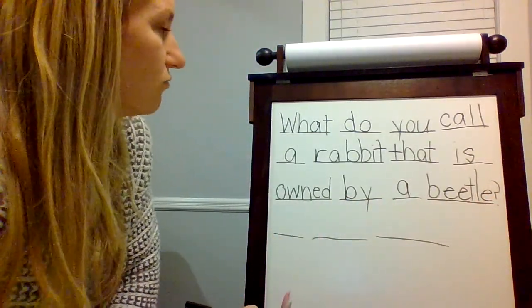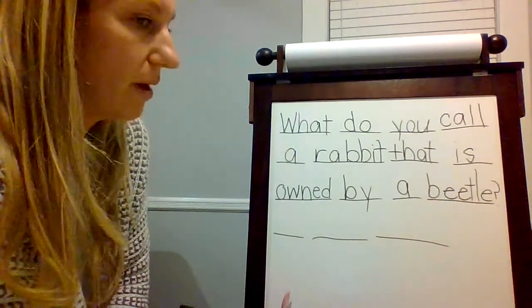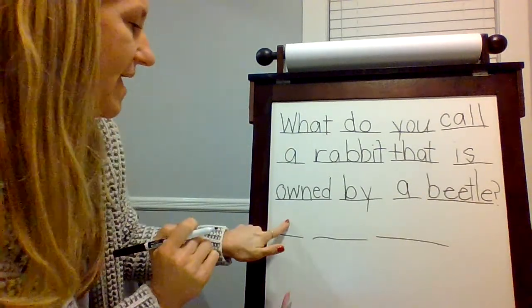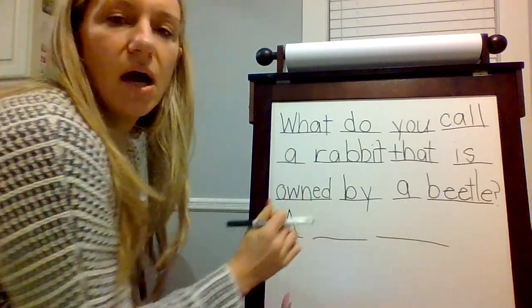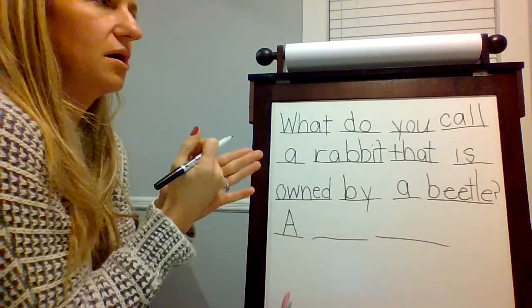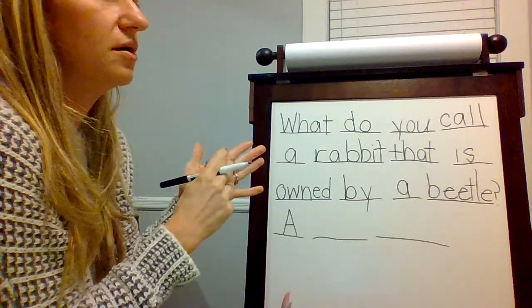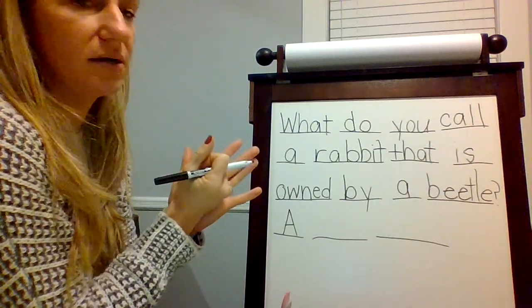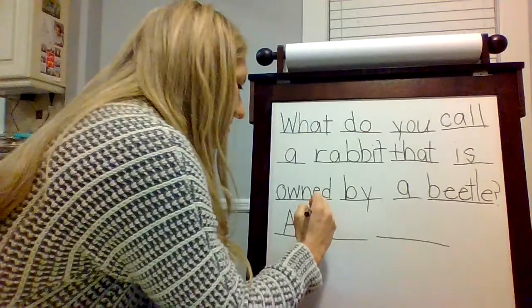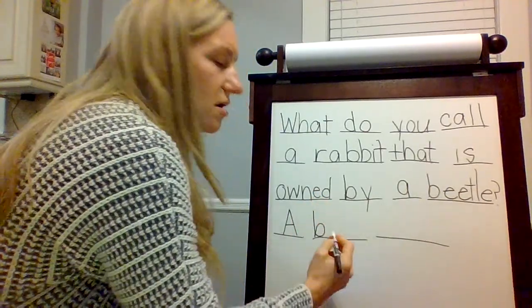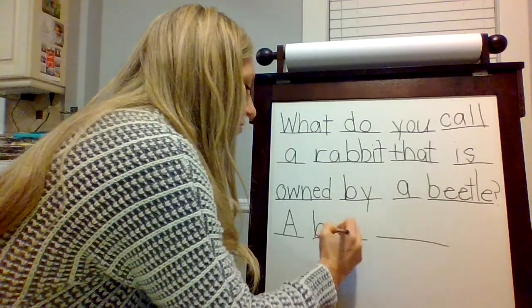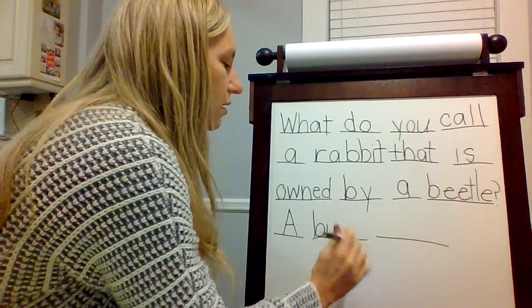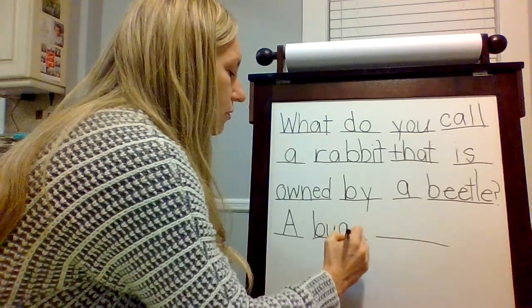What do you call a rabbit that is owned by a beetle? A, that's easy. Bugs. B-u-g-s. Bugs. Baby. Umbrella. U. B-u-g. Goose.